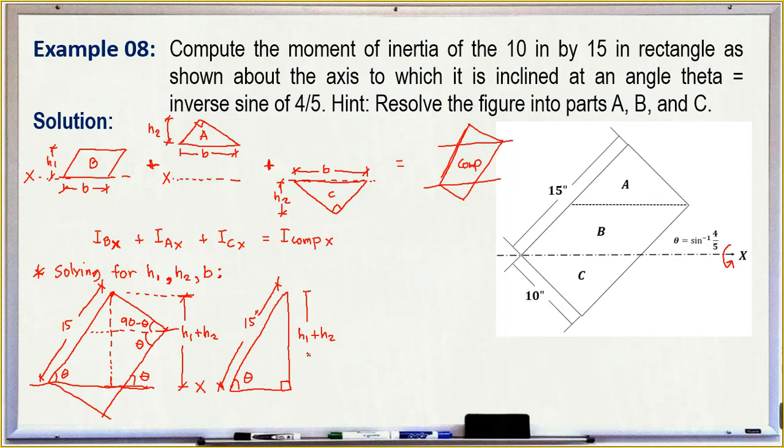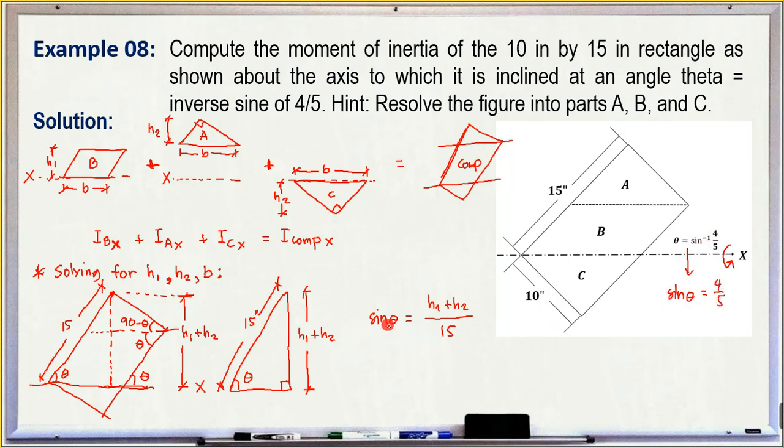So here we have, again, let's complete this figure. So h1 and h2 are opposite the angle, and we have a given hypotenuse, so we can use the sine relation. So we have sine theta is equal to h1 plus h2 all over 15. Now, from the given, theta is the inverse sine of 4/5. So therefore, it is understood that sine theta is equal to 4/5.